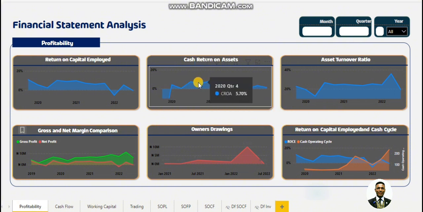Well, the business is generating very little cash, indicating that it may not have cash to meet some very large or sudden expenses that may come up in the future. So the business really needs to work hard in improving its cash generation using its assets.